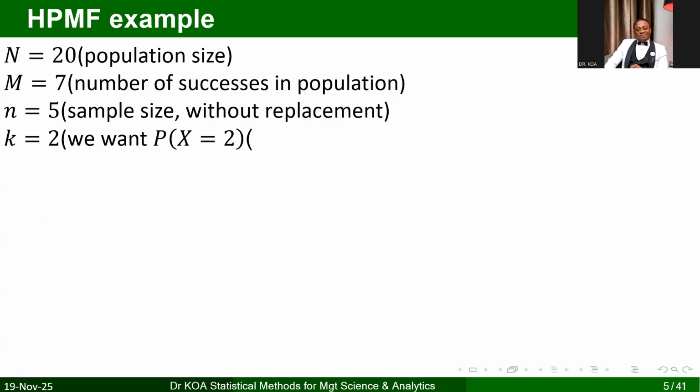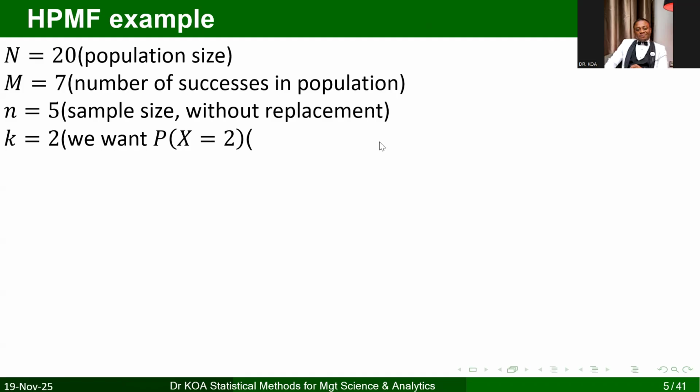The sample size, sampling without replacement, is n, which is 5. And k is the number we want. So let's assume that we want the probability that, if you select without replacement, the random variable is equal to 2. Okay, this is your situation.